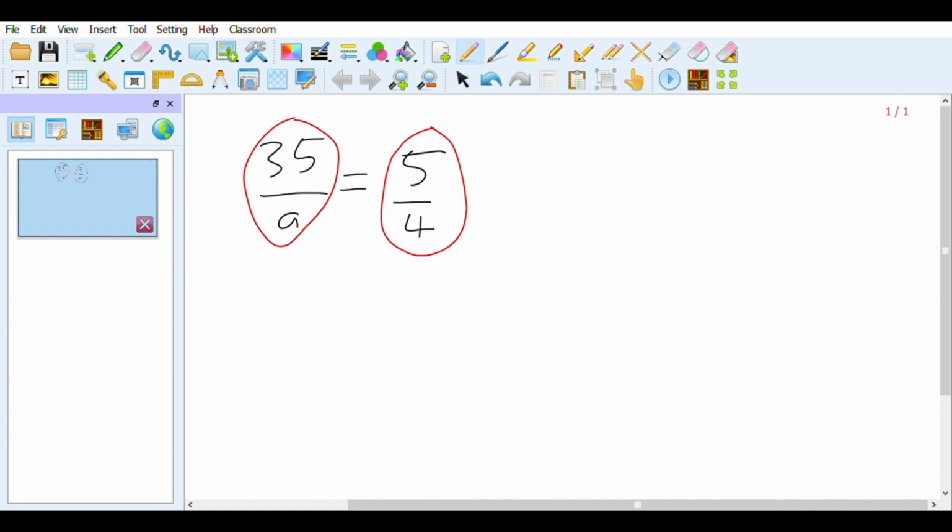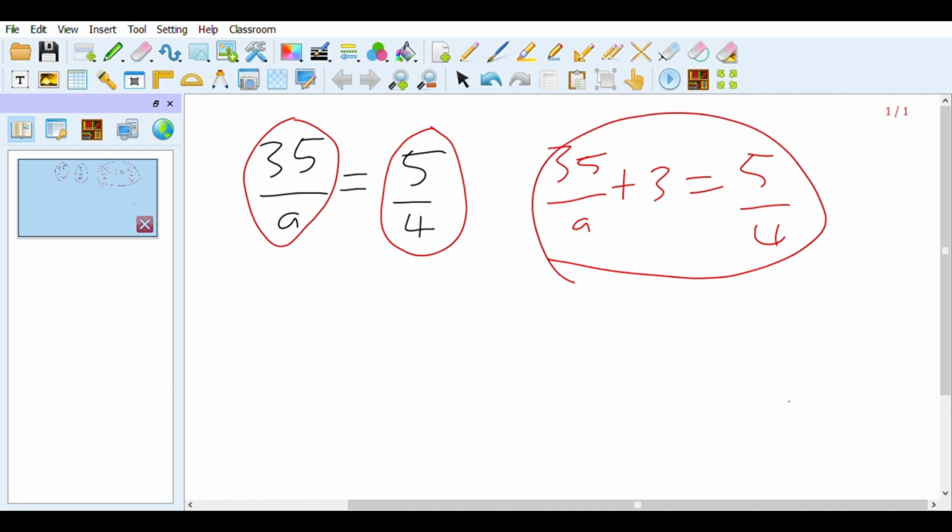So if we had something like 35 over a plus 3 is equal to 5 over 4, cross multiply will not work here. Okay, it will not work. So take note of this. Cross multiply only works if there is only one term on the left hand side and only one term on the right hand side. However, if you use multiply through by LCM, it will work both for this case and for this case.